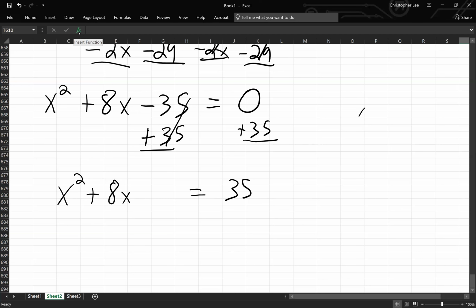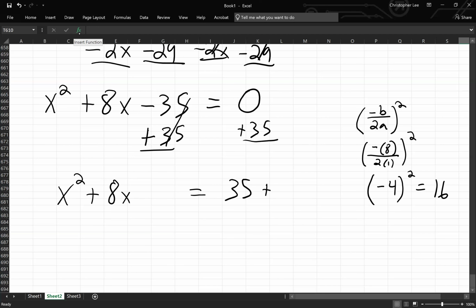We got our formula, negative b over 2a, squared. So this is going to be negative of 8 divided by 2 times 1, squared. Let's call that negative 4 squared, which is what? What's negative 4 squared? 16, right?